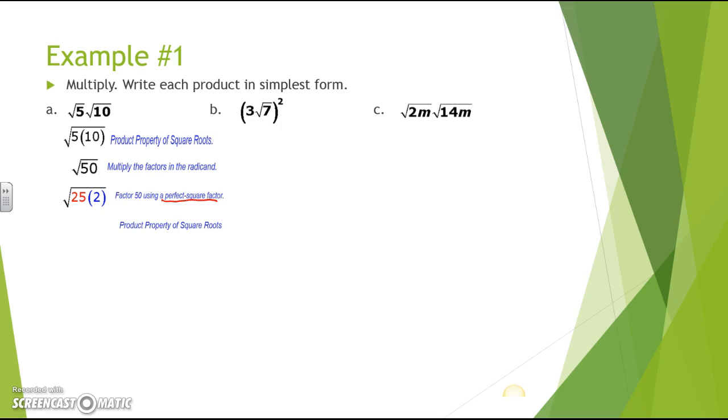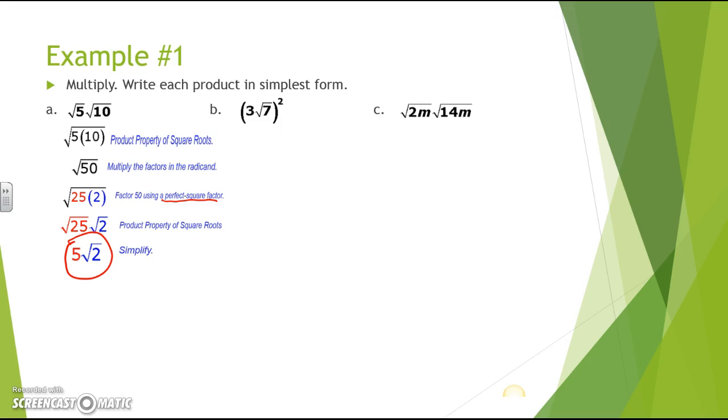And then we're going to use the product property of square roots, which is the square root of 25 times the square root of 2. So we broke it apart. What's the square root of 25? That is 5. So we're going to simplify this. You cannot break down the square root of 2, so you just leave square root of 2. 5 times the square root of 2 is going to be your final answer.